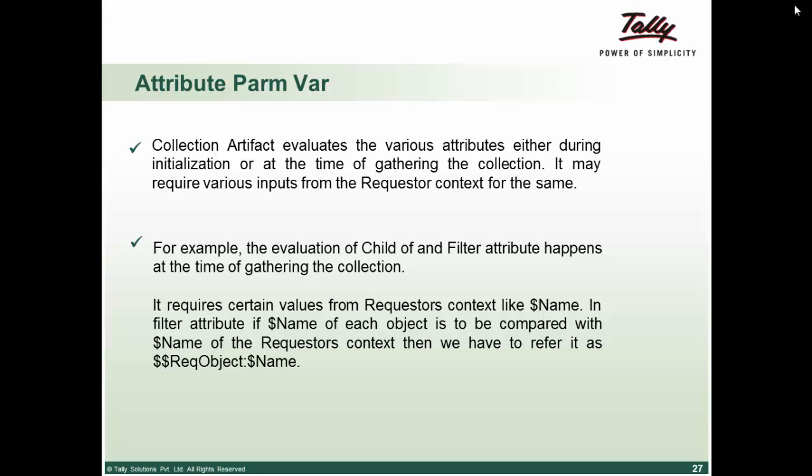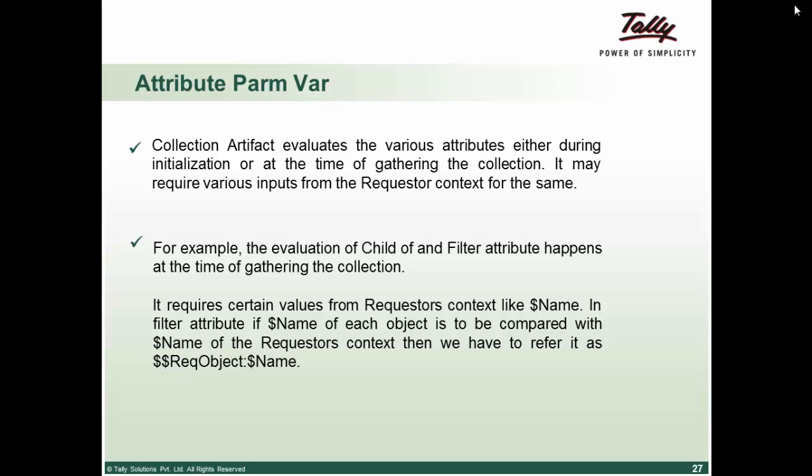Say it's an explode, and at child of, the collection is type ledger, and at child of you give $name. So the main line is on group exploded part, and in that you have a repeat line on the collection. The $name will get evaluated on the parent, that is the first main part. It's a requester context.